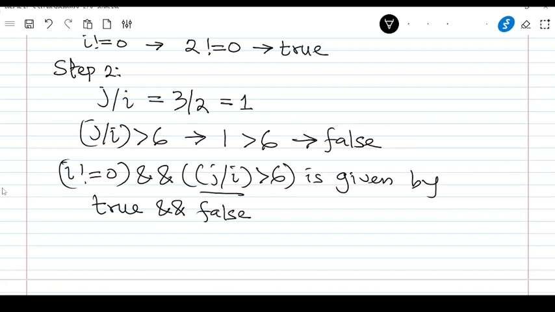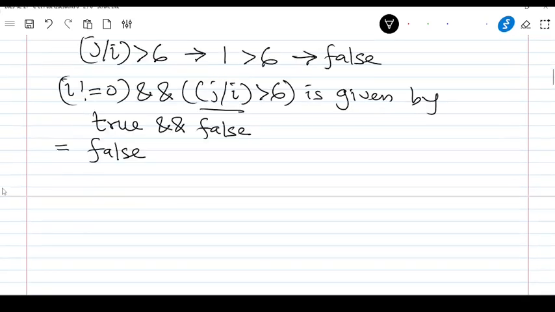So true and false is false. That means the answer is false. That's the answer for the first one.